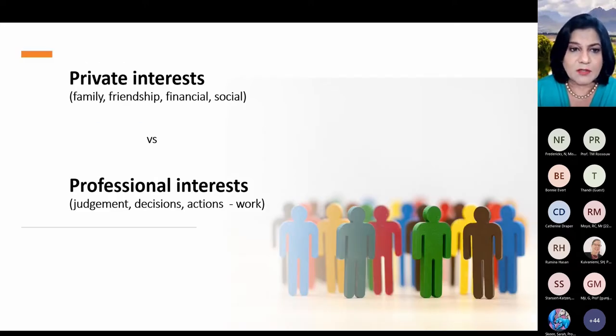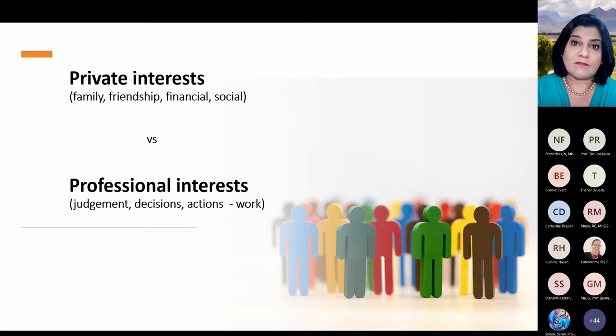Now, the basic issues around conflicts of interest revolve around private interests intersecting with professional interests. And here, when we think of private interests, they relate to various relationships that we may have, family, friends, and others, but also financial interests and social interests. And the extent to which we allow these private interests to impact on our judgment, decisions, and actions in the work environment is important.